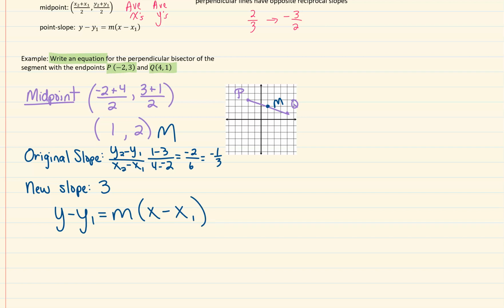Plug in your midpoint for your ordered pair and our new slope for m. And then we're just going to simplify and change it into slope-intercept form. So y minus, our y for the point was 2, so y minus 2. Our new slope is 3, x minus 1.